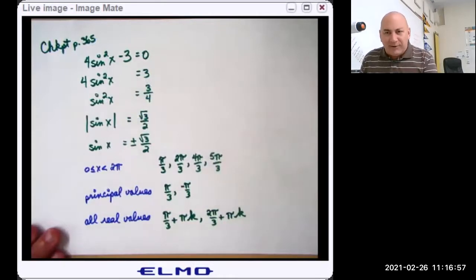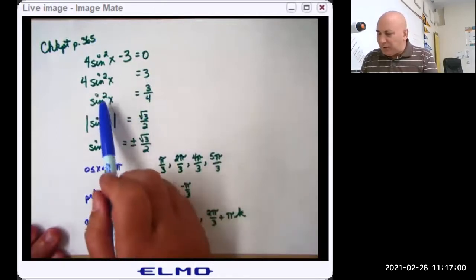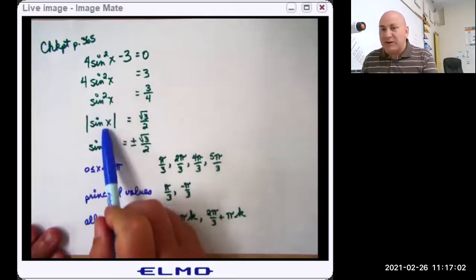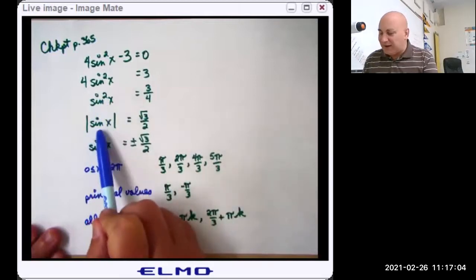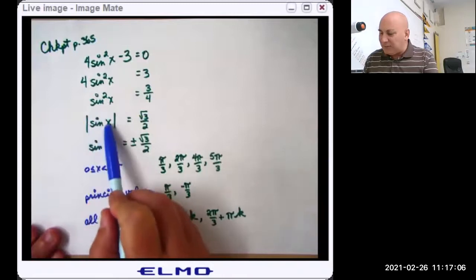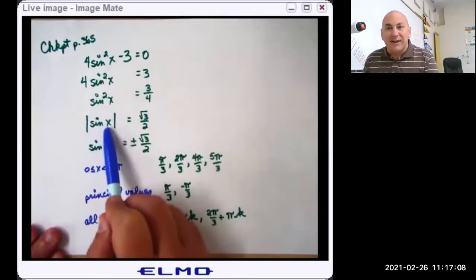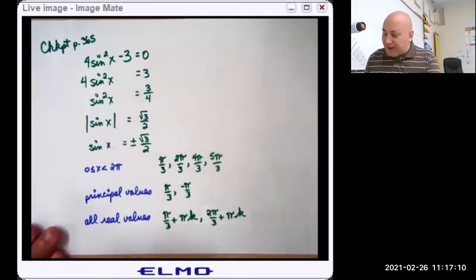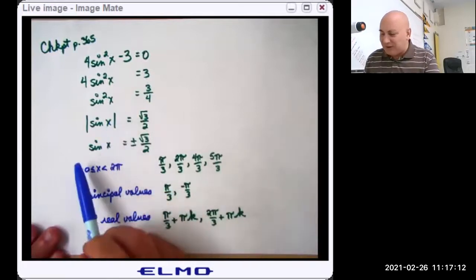Do you know why you're doing that? The square root of sine squared is actually the absolute value of sine x, and then it's this number, sine x, the number inside the absolute value sign that could be positive or negative.